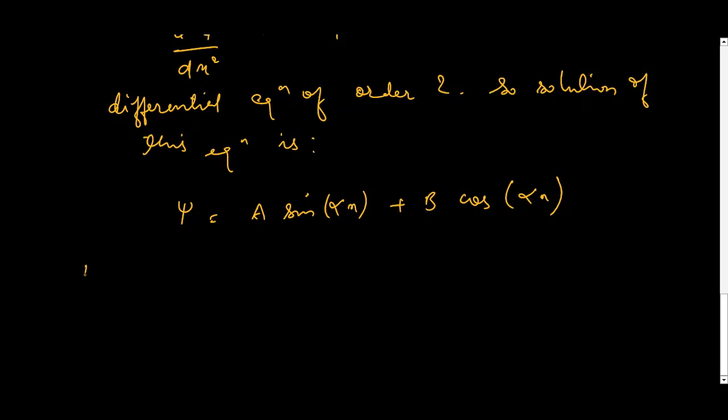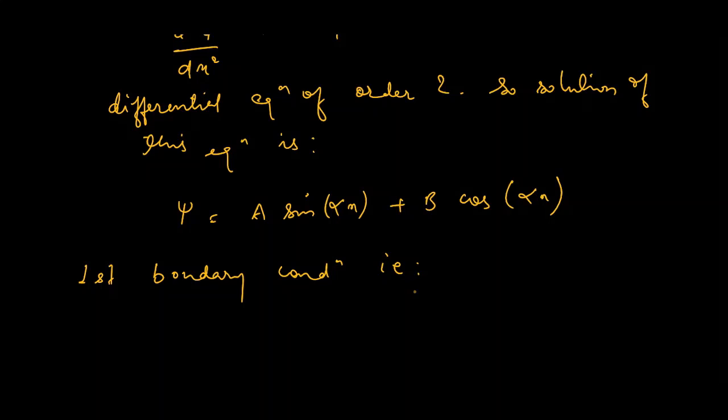Now applying the first boundary condition, that is psi is equal to 0 at x is equal to 0. At x is equal to 0, outside the box, psi is 0.